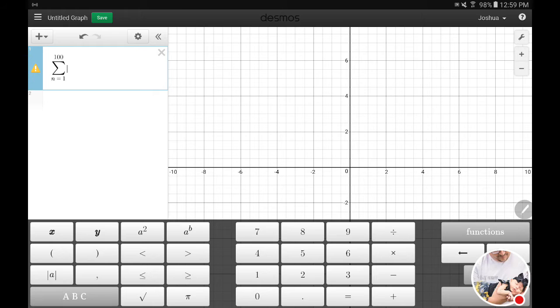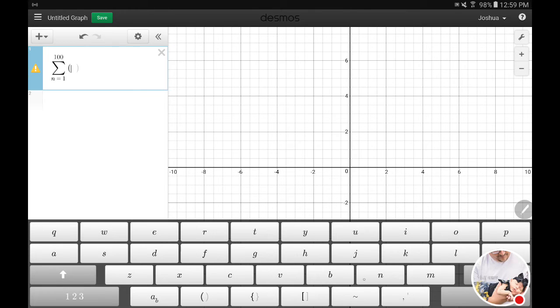Now you might notice it doesn't have an i at the bottom. It has n. That index of summation could be any variable. So the book, the ones that we're doing, the problems have i, but it could be n, it could be a, it could be b. There is a little remark in the book on page 356 about that, so you can read that on your own. So here we got to remember we got to use n.